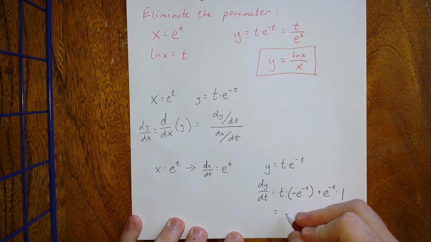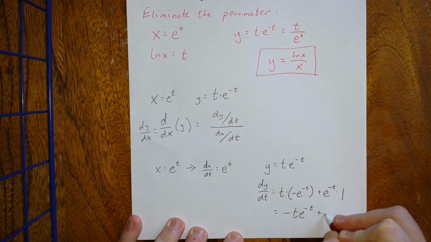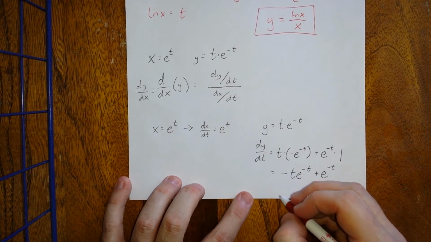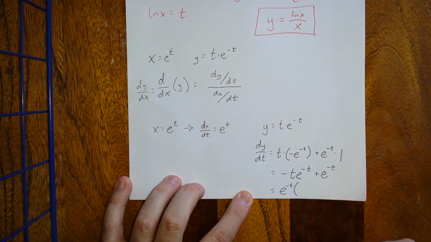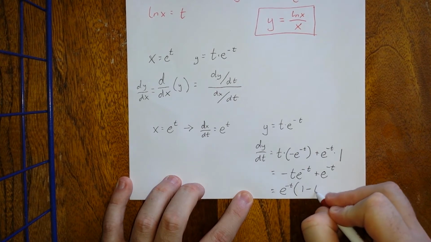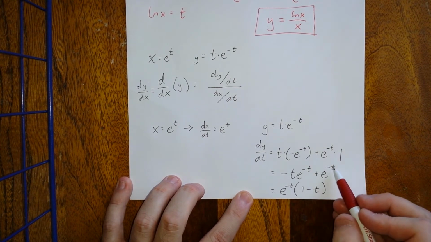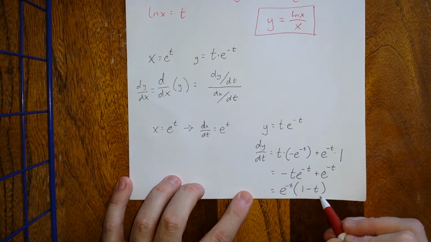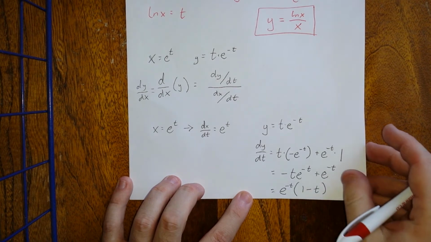So put it together, we get negative t e to the negative t plus e to the negative t. I'm also going to do one quick step of algebra here: e to the negative t times 1 minus t. We'll factor out that e to the negative t. e to the negative t becomes 1, minus t e to the negative t becomes minus t. The reason we do that will become apparent momentarily.